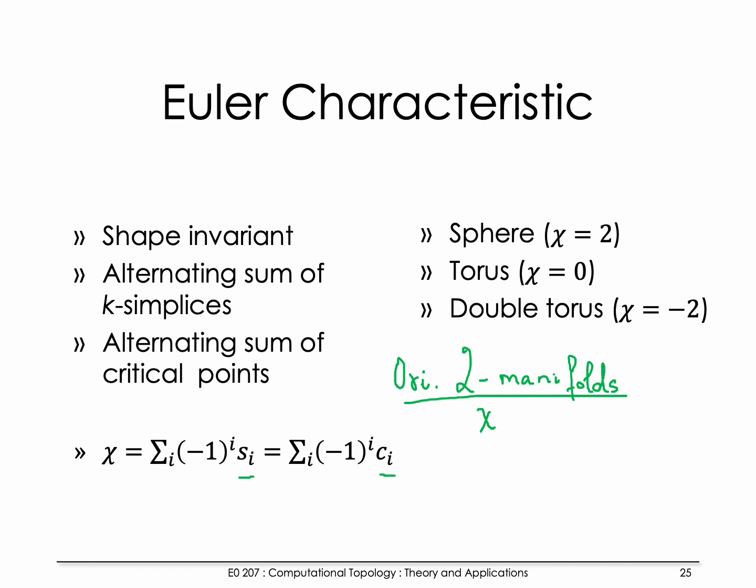So what I'm saying here is that the Euler characteristic is equivalent to this stronger notion of homeomorphism that we have seen. In fact, it happens to be stronger than that, but we'll stop here.